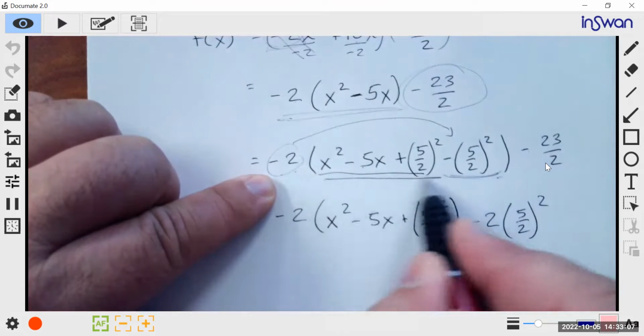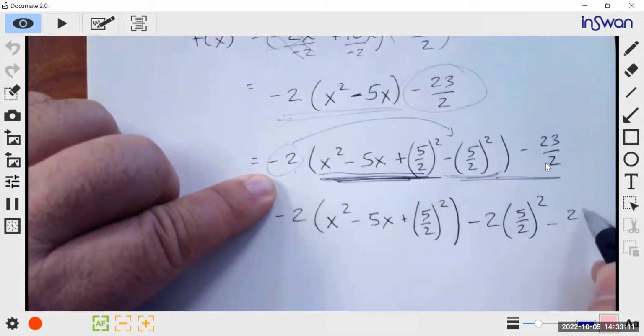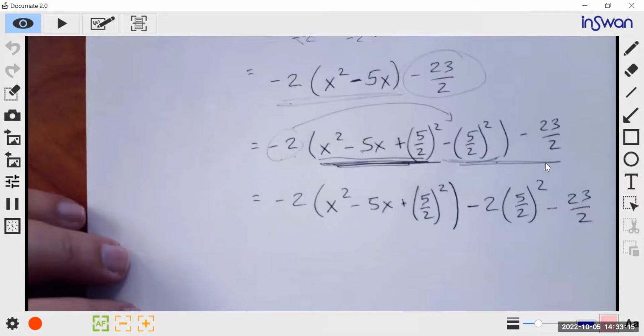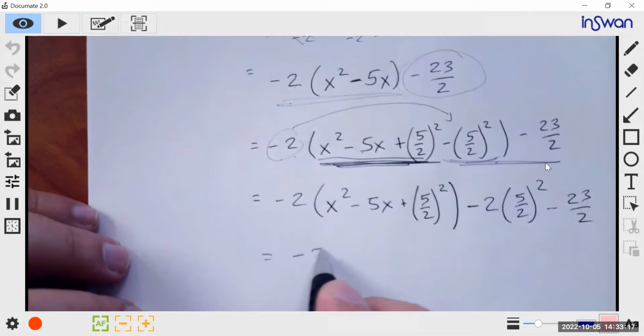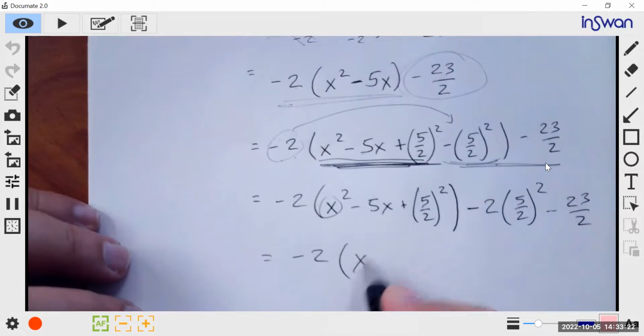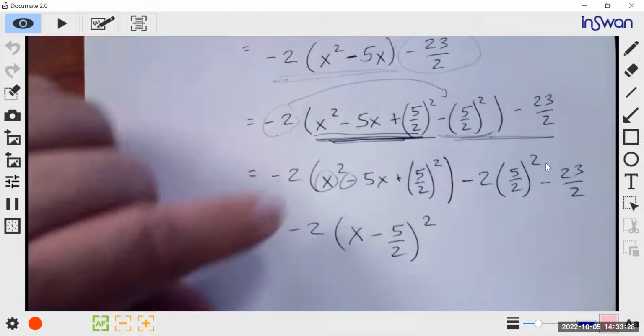I only want to deal with this x part here and the constant part later. Whatever's under the square and the first term, that completes the square.